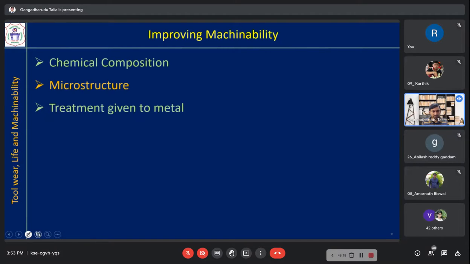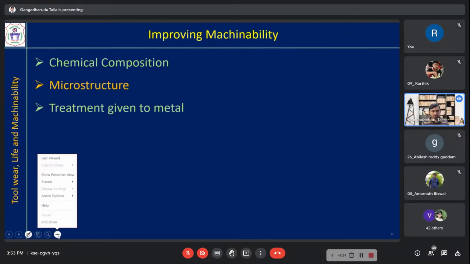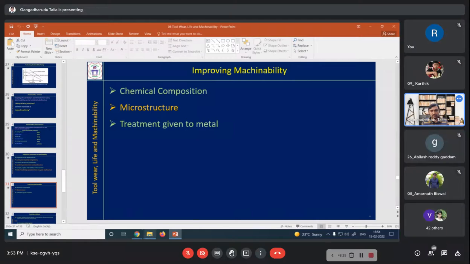So let us stop here. We will see a few numerical problems in the next class related to the Taylor tool life equation.